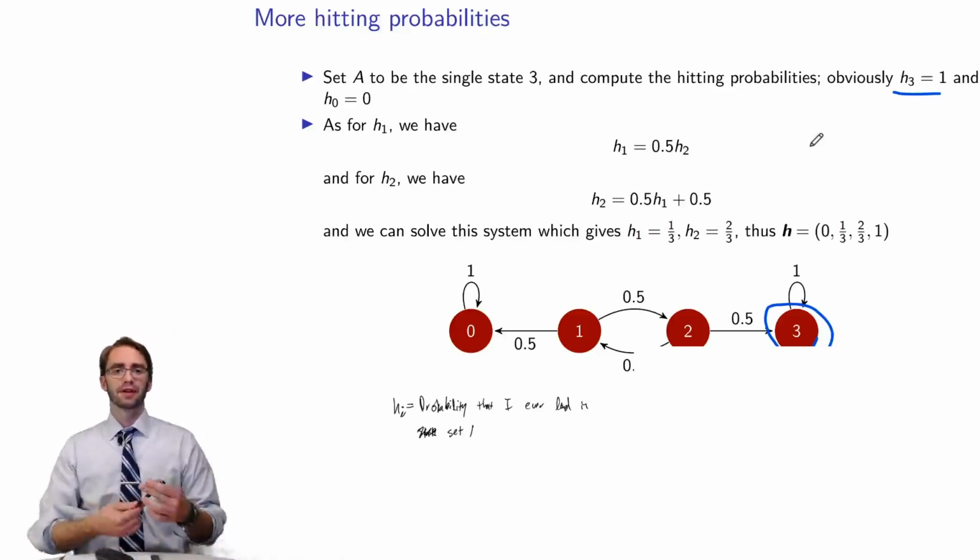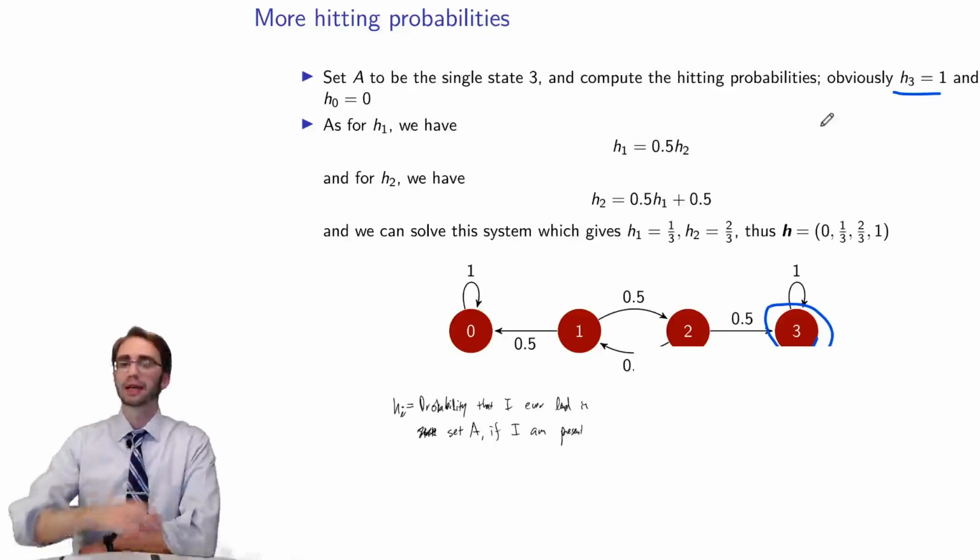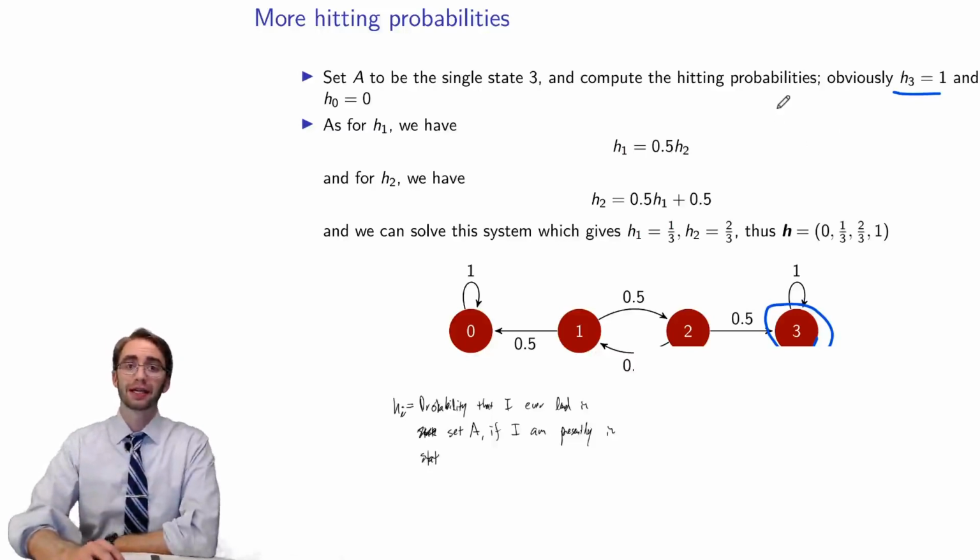Okay, so that's what that means. If I'm currently in state i, it's the probability that I will at some point in the future land in the state A, or in the set A.